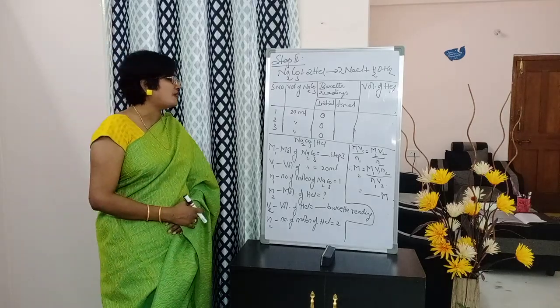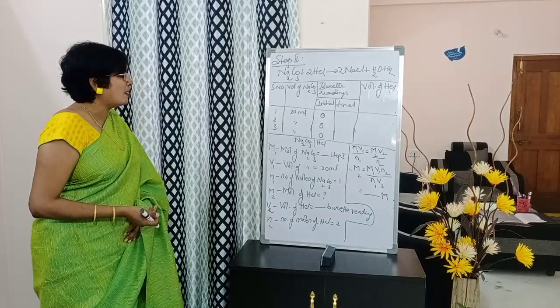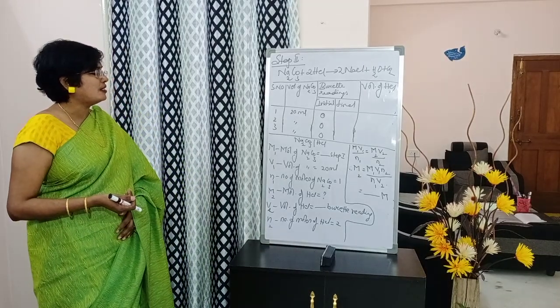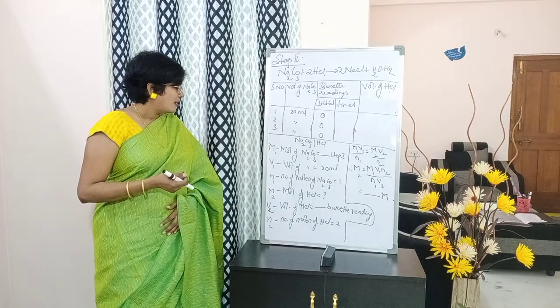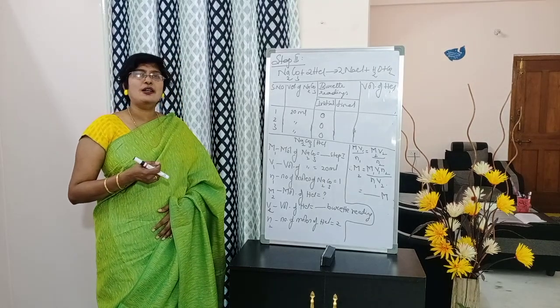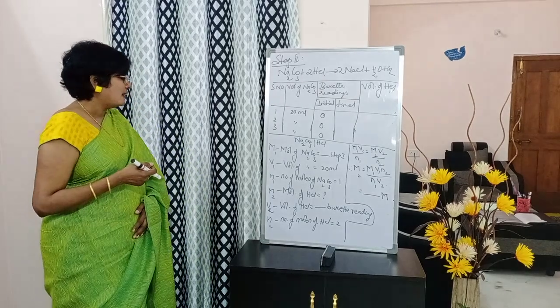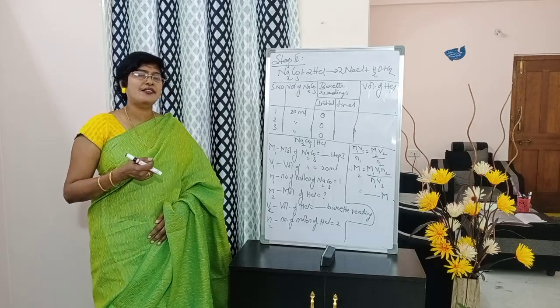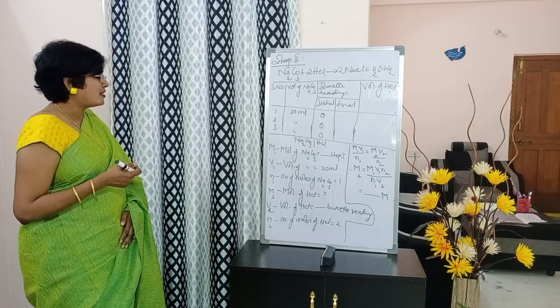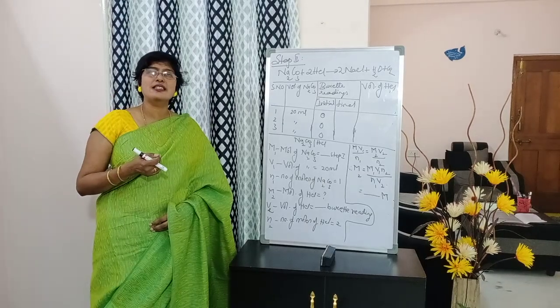How much have we taken? 20 ml. Next, number of moles of Na2CO3. From the reaction, it is 1. Below, M2, molarity of HCl, which is to be calculated. Next, V2, volume of HCl, that will be our burette reading. Next, N2, number of moles of HCl. From the reaction, it is 2.